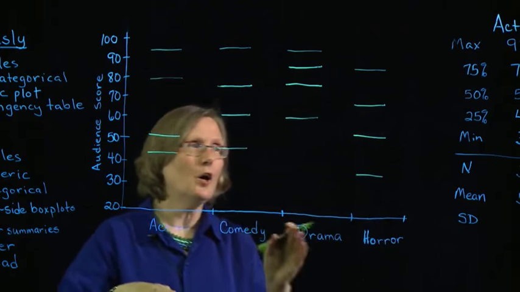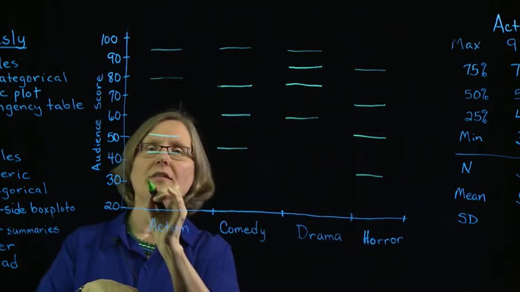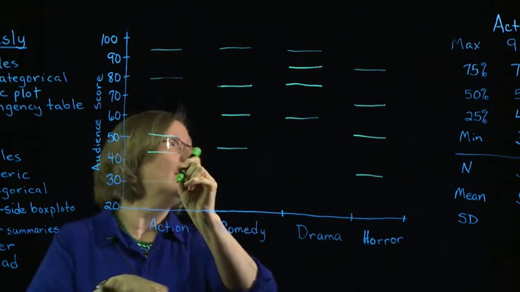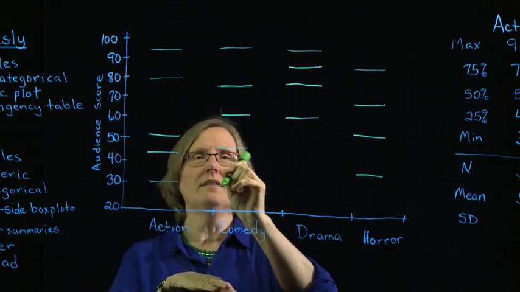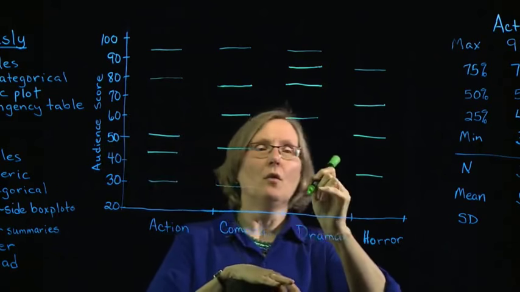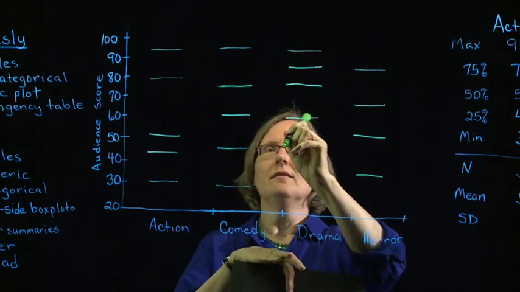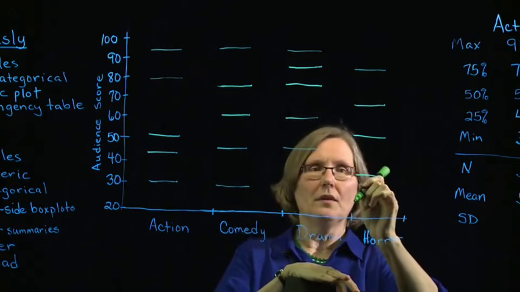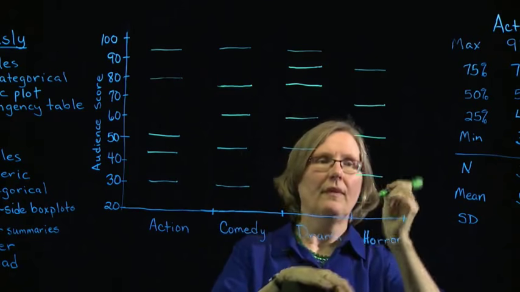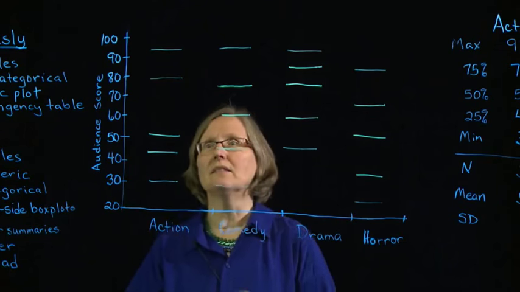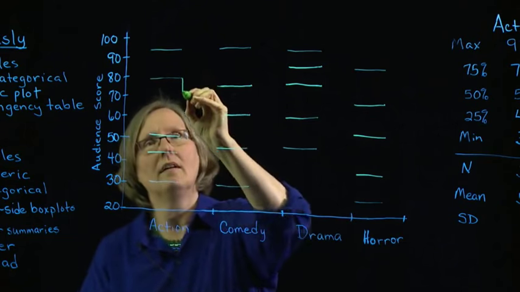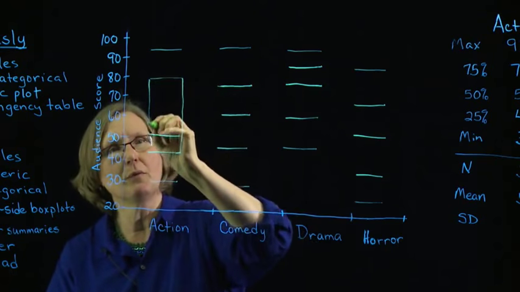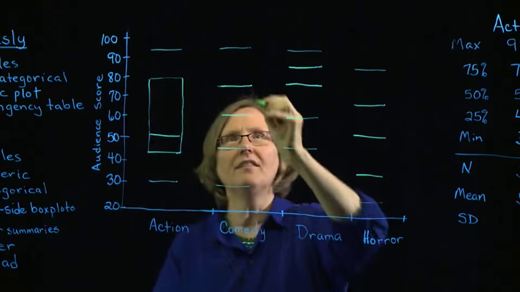Then finally, our minimum was 32 for action movies, 31 for comedies, 46 for dramas, and 25 for horrors. Now we're ready to draw our boxes. Remember, the box represents the middle 50%, so from the 25th to the 75th.